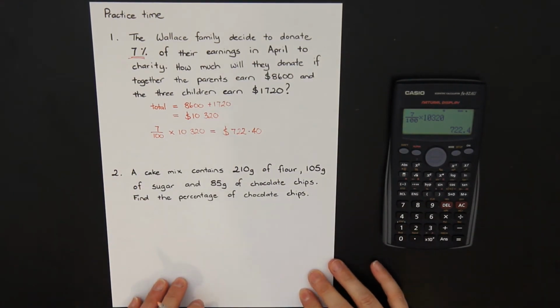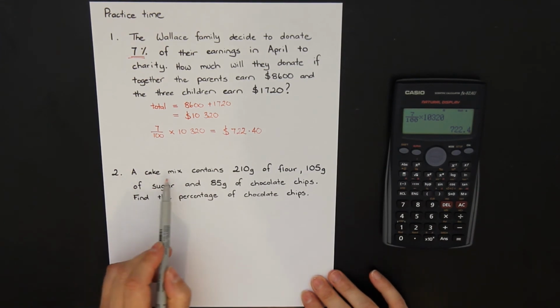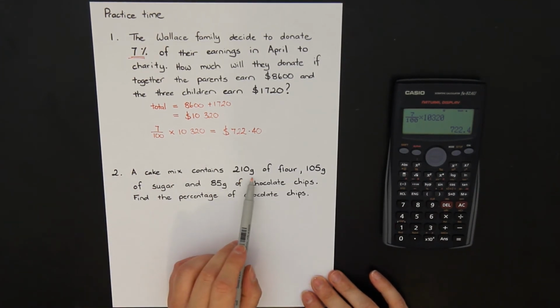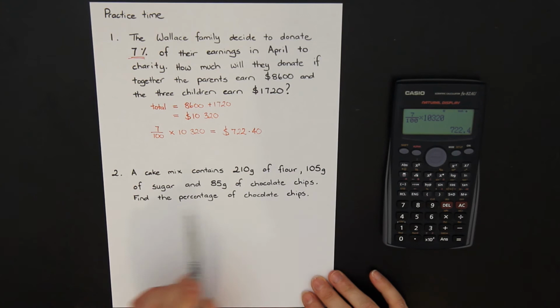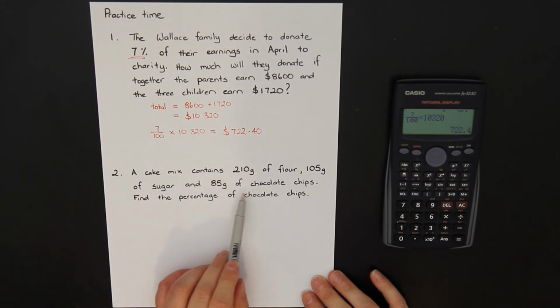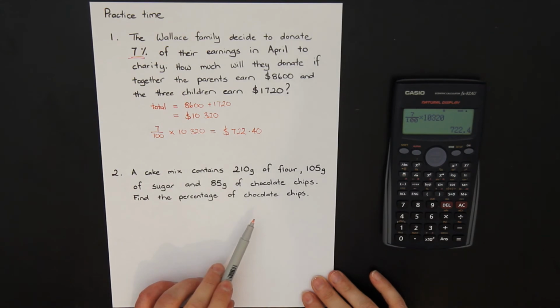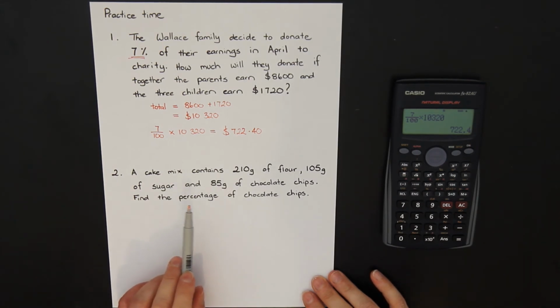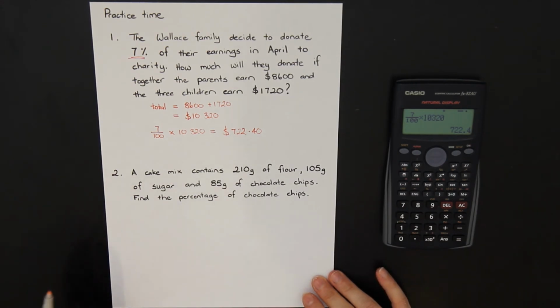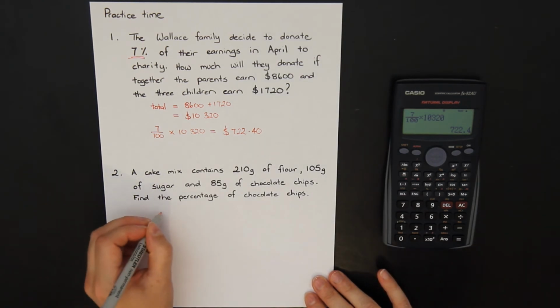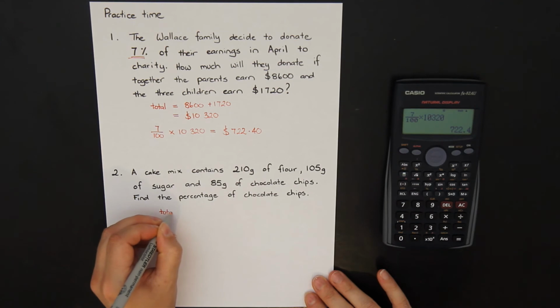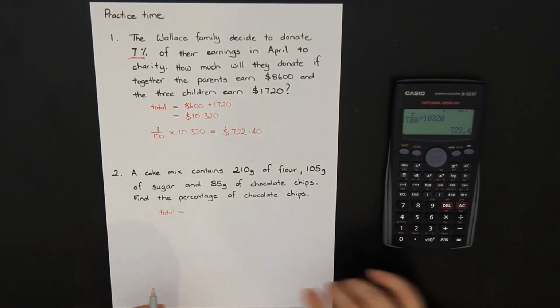Let's have a look at question 2. A cake mix contains 210 grams of flour, 105 grams of sugar, and 85 grams of chocolate chips. Find the percentage of chocolate chips. So this is like the first question. We need to find out the total of how much is in this cake mix to begin with. Okay, let's add them up.